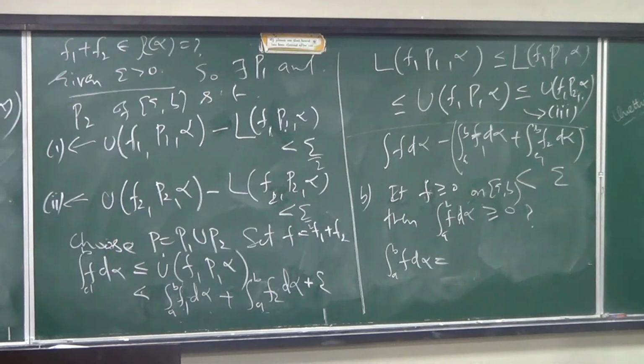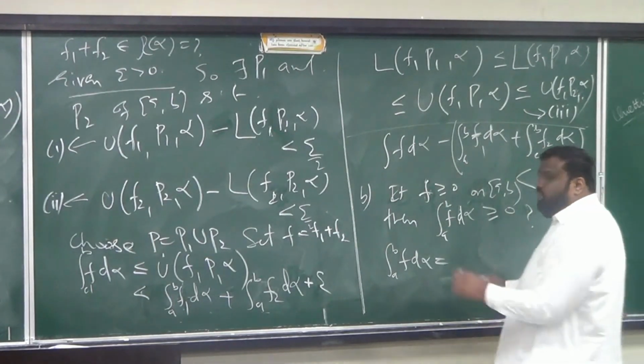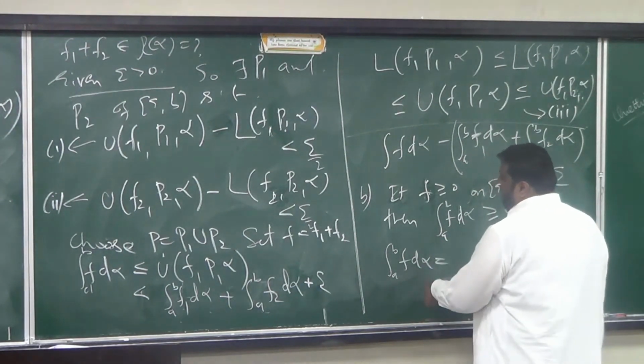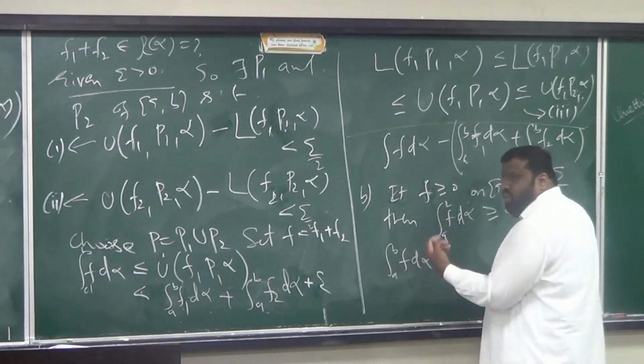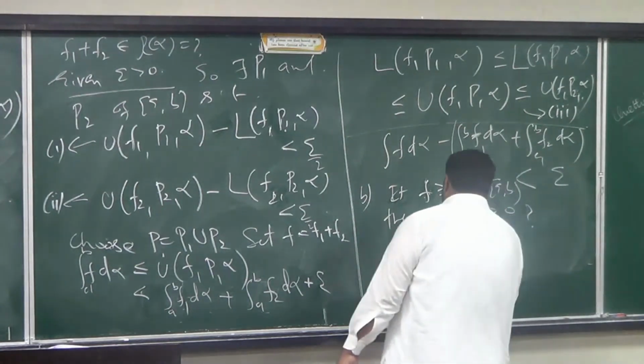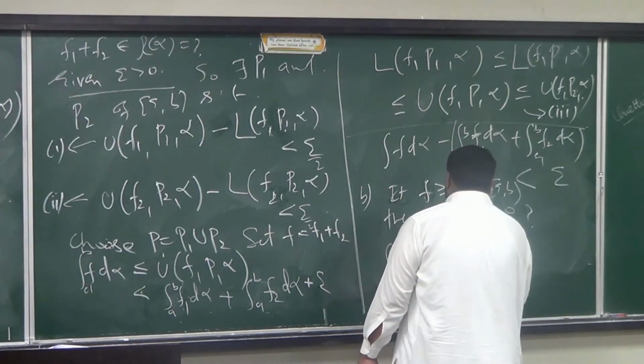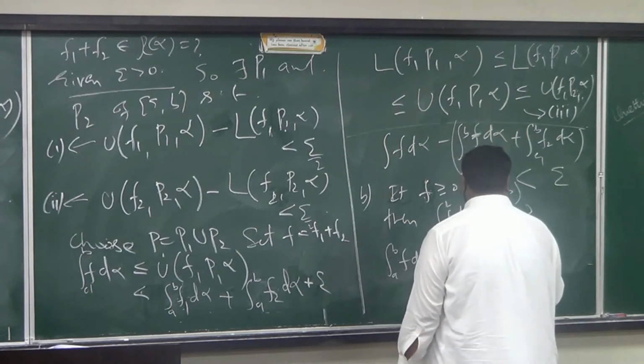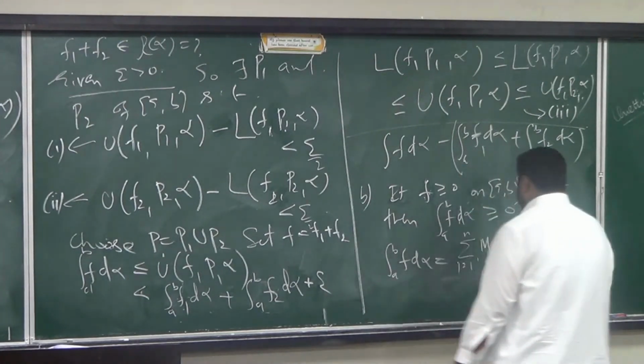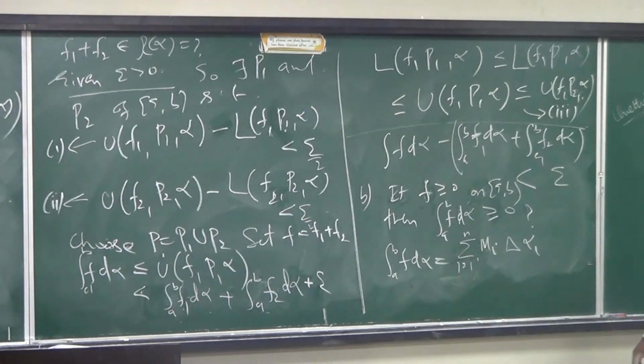So this is equal to, since f is integrable, the lower integral. For example, it is equal to what? The sum of m_i delta alpha_i, where i equals 1 to n. Okay?